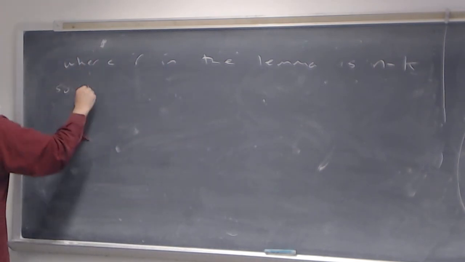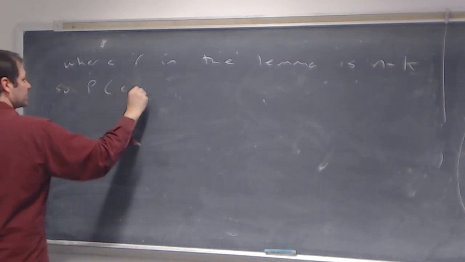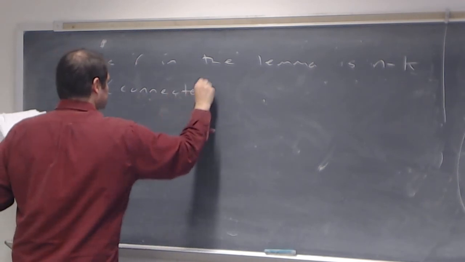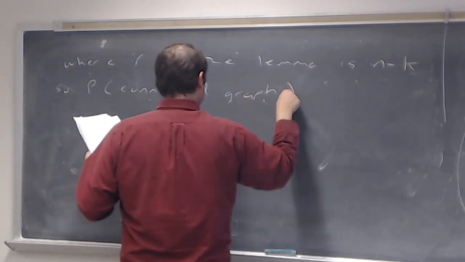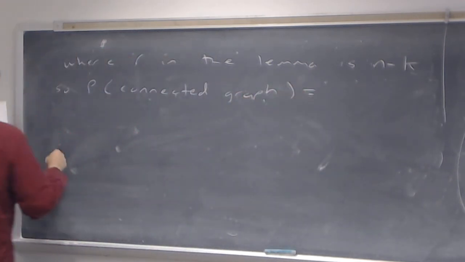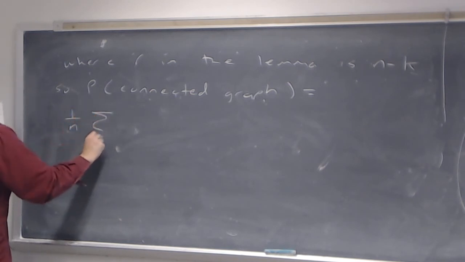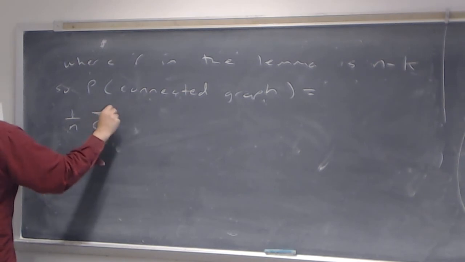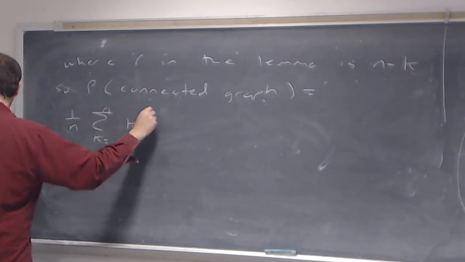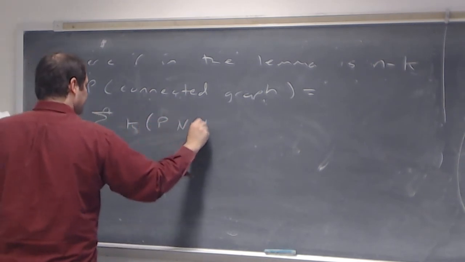So what we have is the probability of the connected graph is equal to, okay, we'll take out that 1 over n, the sum as k runs from 1 to n of k times the probability that N is equal to k.